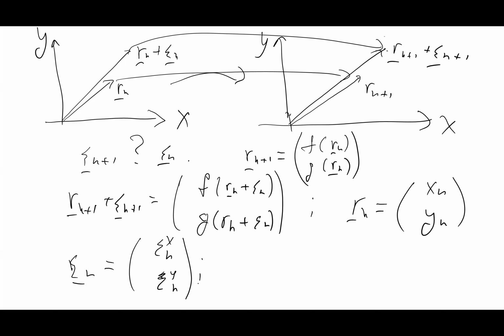Then from here we will get xn plus 1 plus epsilon xn plus 1 equal to f of Rn plus epsilon n.